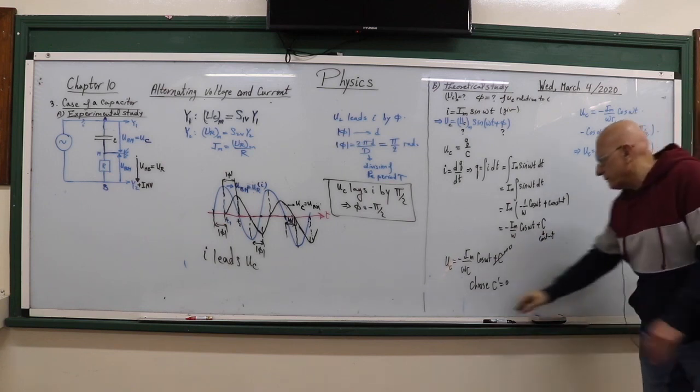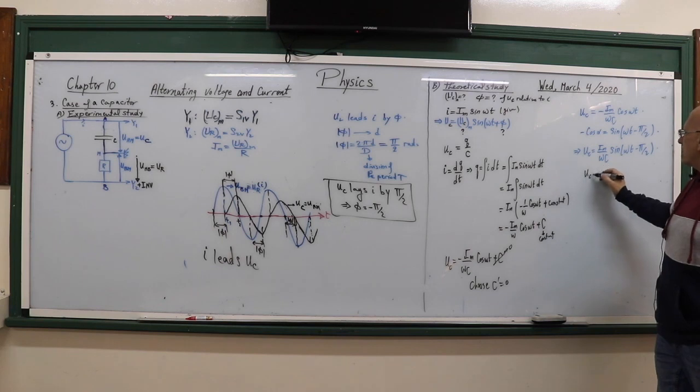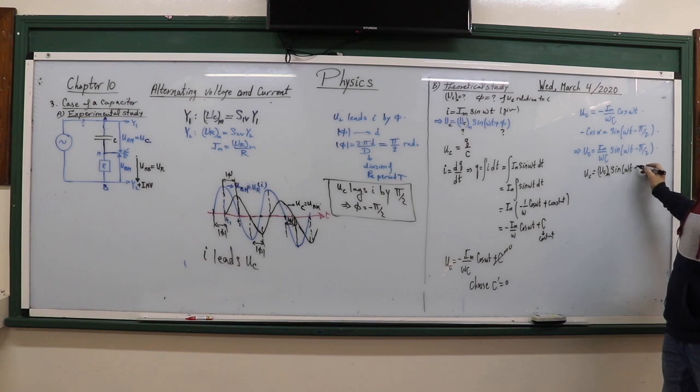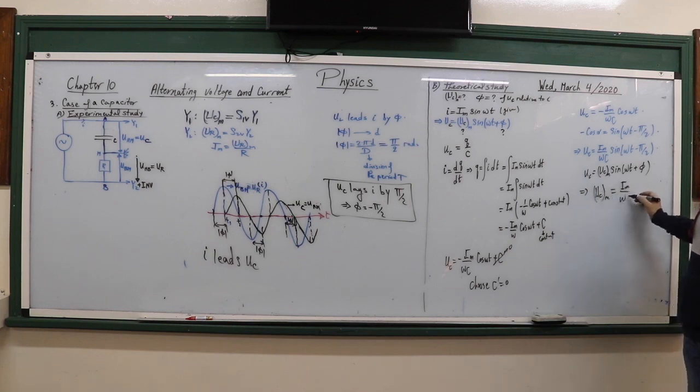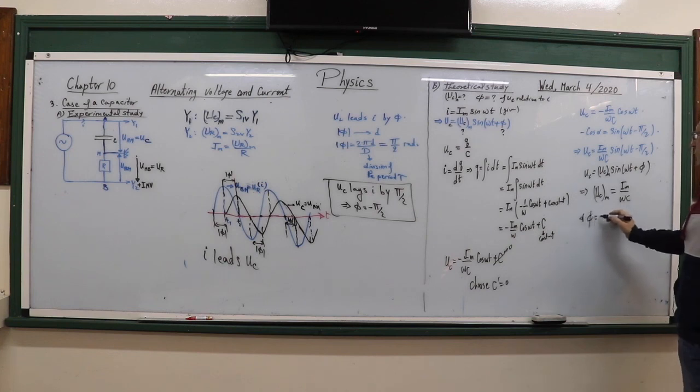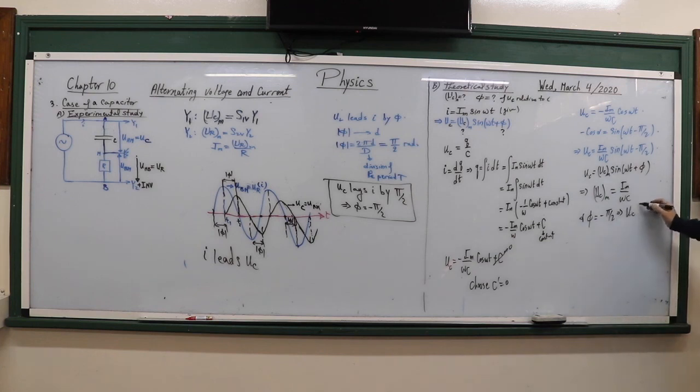By comparison with the form UC equals UC maximum sine of omega t plus phi, you get UC maximum equal to Im over omega C and phi equal to minus pi over 2, which means that UC lags I by pi over 2, and the experimental result is proved theoretically.